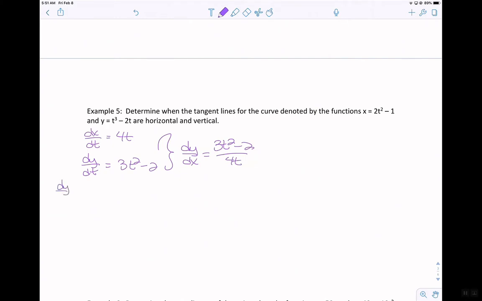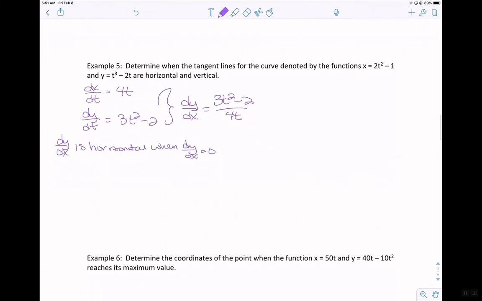So dy/dx is horizontal when dy/dx is equal to 0. So that means that my numerator is equal to 0. So 3t squared minus 2 is equal to 0. So 3t squared is equal to 2, t squared is equal to 2/3, t is equal to plus or minus root of 2/3. If you want to rationalize the denominator, you're more than welcome to, or you can leave it this way. So that's when dy/dx is horizontal.